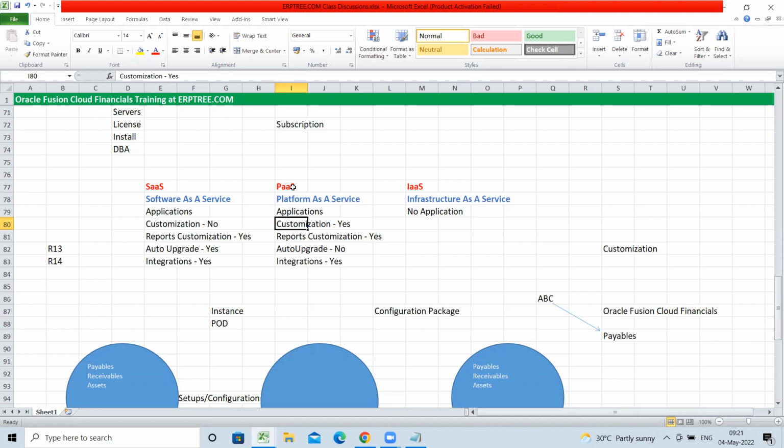If the business process is complex, then you can go with PaaS. Depending on the integration requirements, you don't need to choose SaaS or PaaS. Depending on your customization requirements, you have to choose. If customizations are there, go for PaaS. Otherwise, the best option is SaaS. Integrations are anyway possible in SaaS and PaaS.